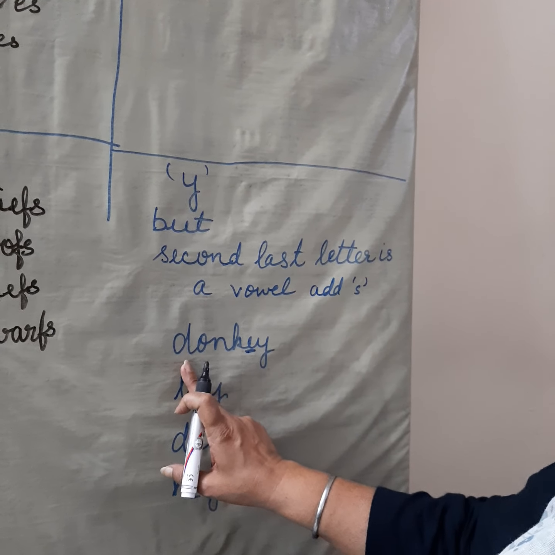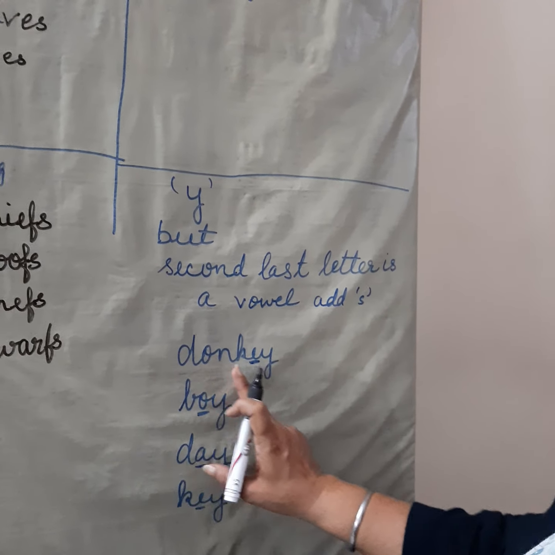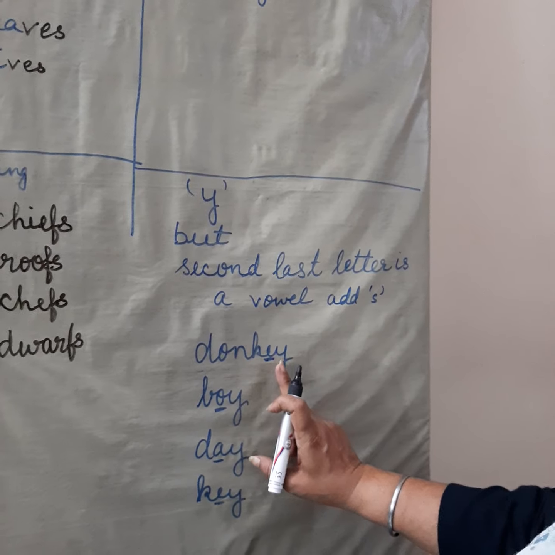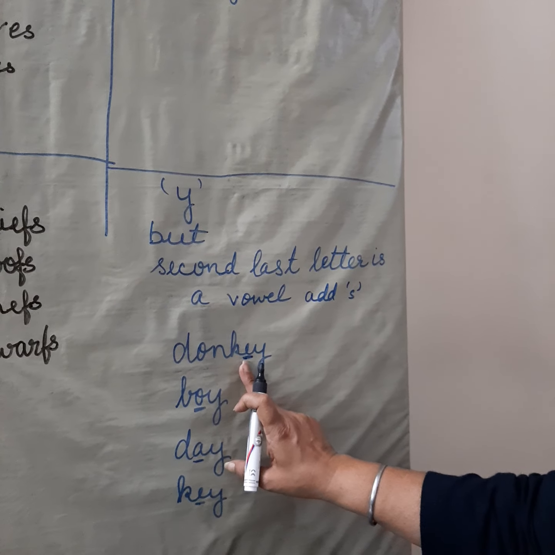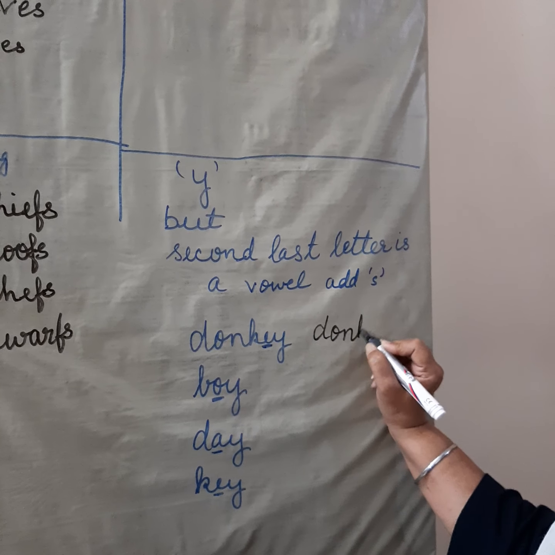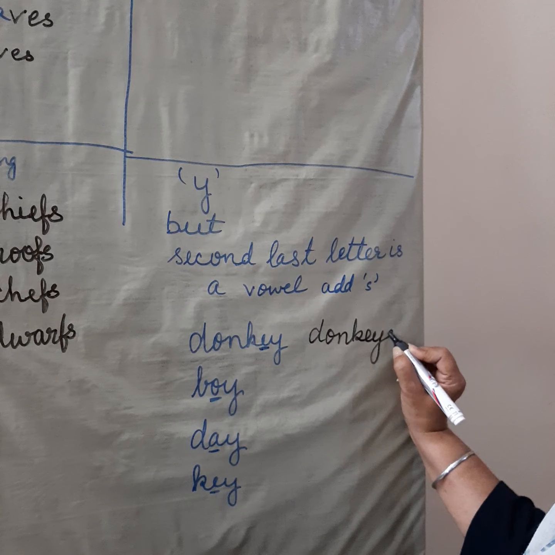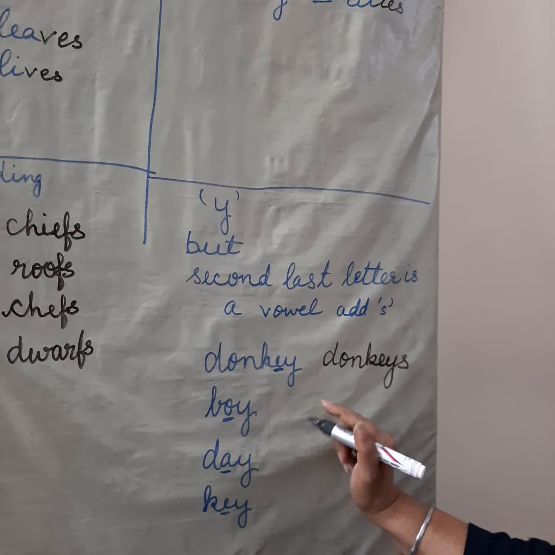So what we do, we just add S to make it plural, like donkey. Y is a consonant, but the second last letter is a vowel. So we will just add S to make it plural. Now here we have boy.